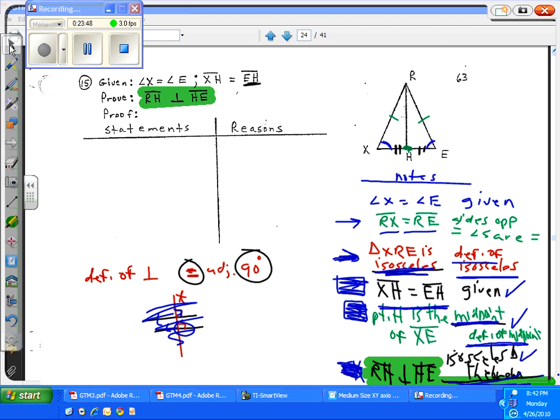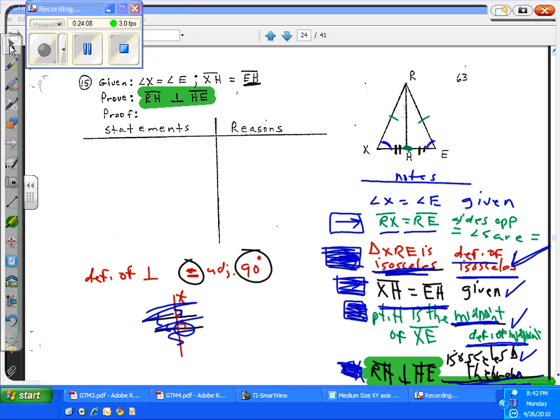So we need this statement and this statement to be able to say this reason. This reason has statements that justify it. Therefore, we're done with that reason, and we know we are done with the statement that goes with that reason, but that says we need this statement.